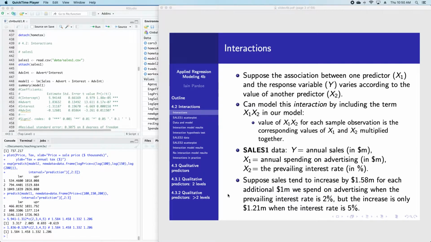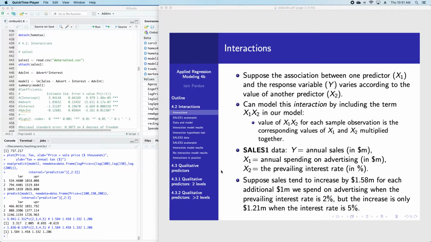But if the interest rate was 5%, then that expected increase in sales comes down to $1.21 million. So this is an example where the association between sales and advertising depends on the value of the other predictor, the interest rate.